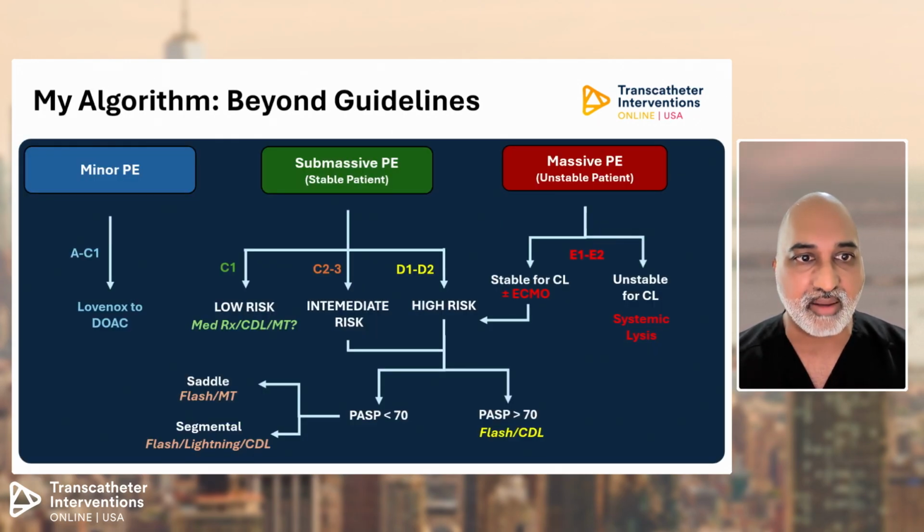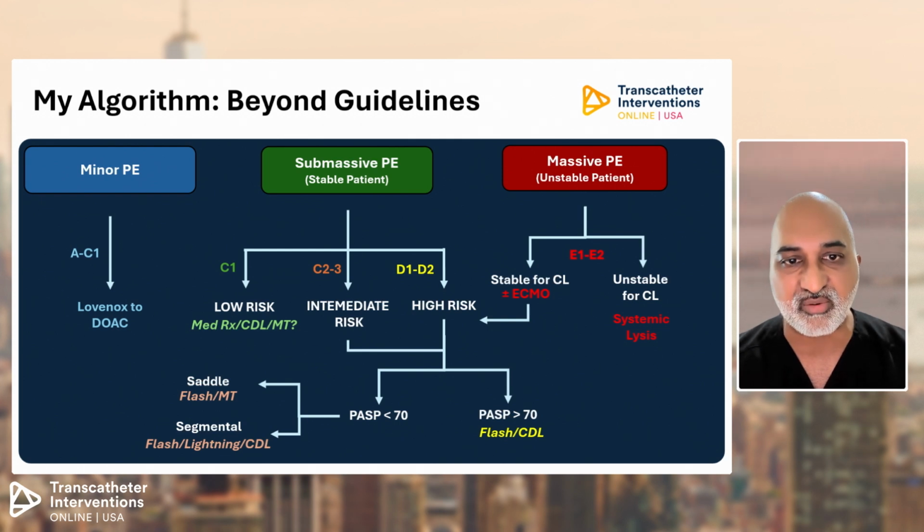So my algorithm, this is beyond the guidelines as well, because the guidelines were reflective of the trial data that was available at the time of publication. But really with minor PE, the A to C1 group, typically we treat with medical therapy. In the submassive PE population, the C1 group really is a data-free zone, and medical therapy is probably appropriate, but there are some patients that we do occasionally offer some type of therapy to.